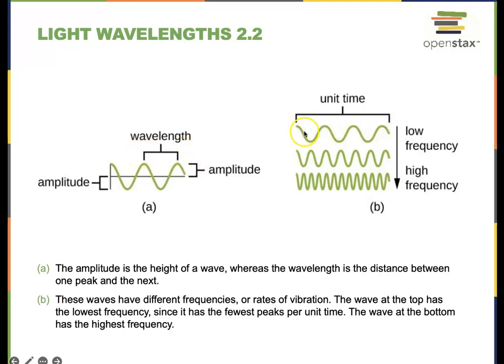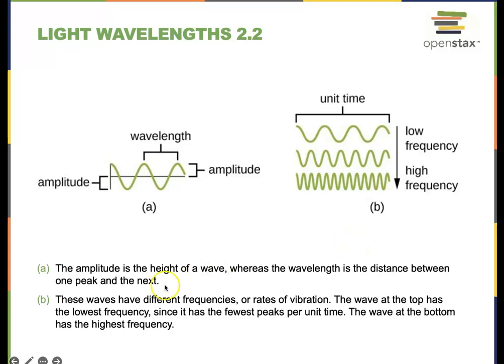If we have waves that are really far apart, kind of rolling like this, one wavelength is rather large. It has a low frequency and low energy. As the wavelengths come closer together, the waves have a higher frequency.